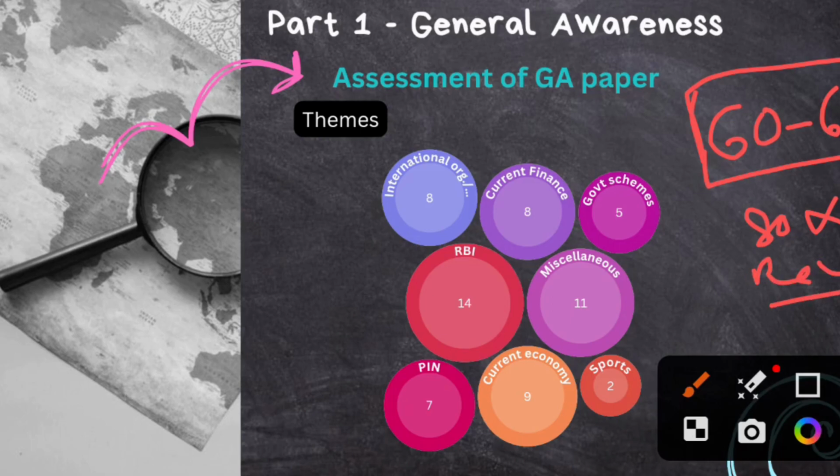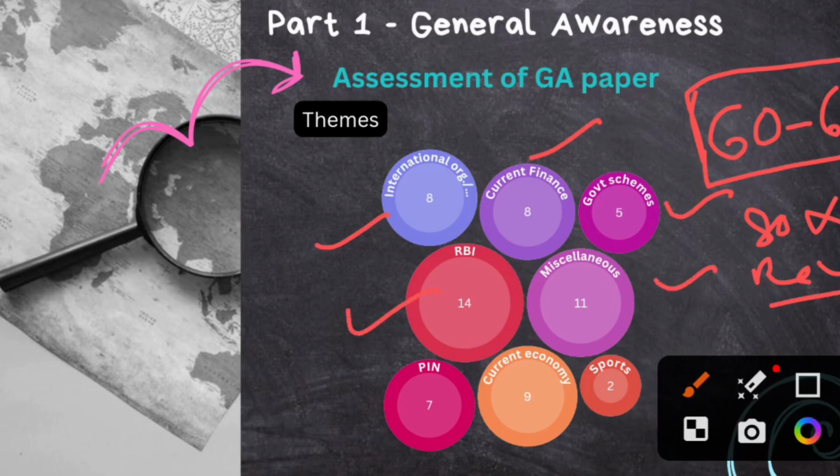Secondly, it is difficult to recall exact questions, but broadly themes can be recalled, because mainly people recall the answers they marked in the exam. Based on those answers we can do the back analysis and find out what the question was. Using that technique, I have divided the entire paper into certain themes, and I will dig deeper into those themes.